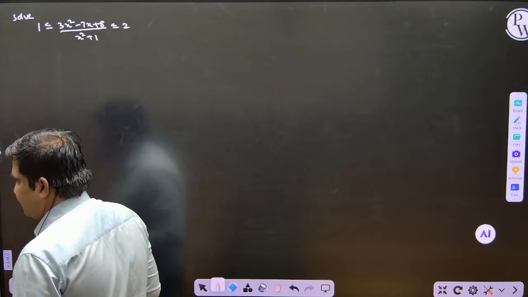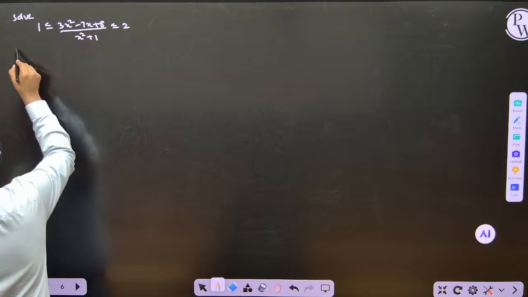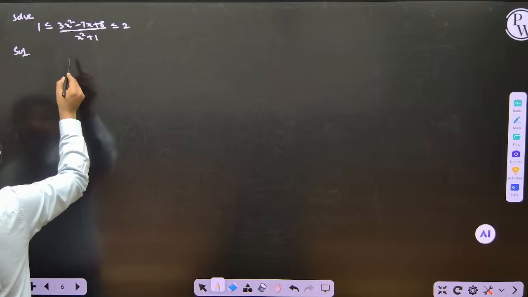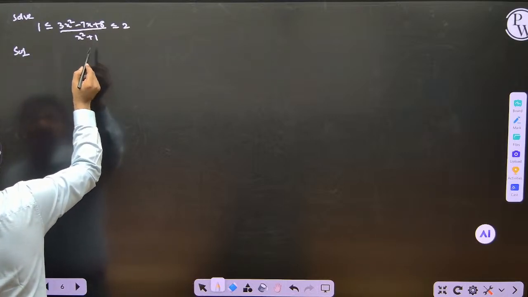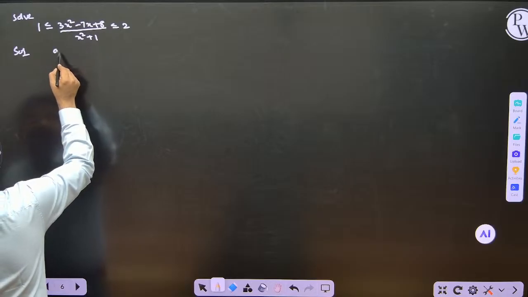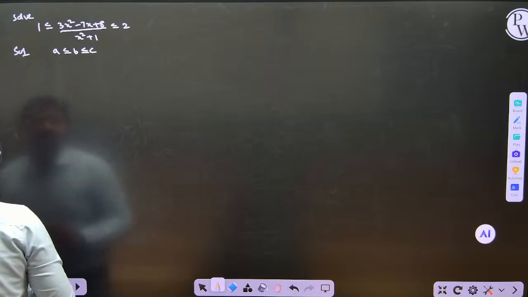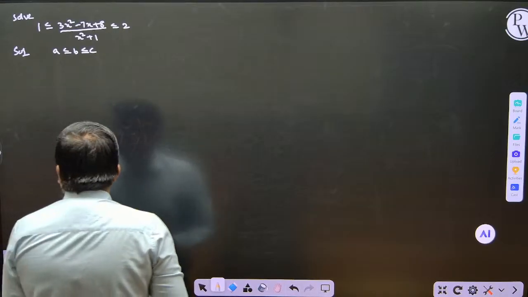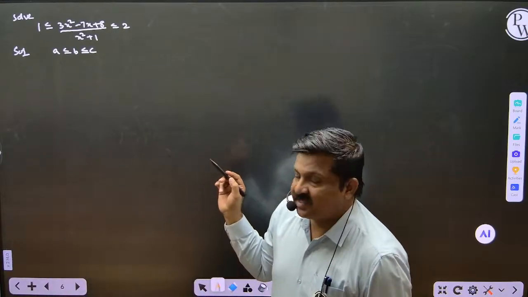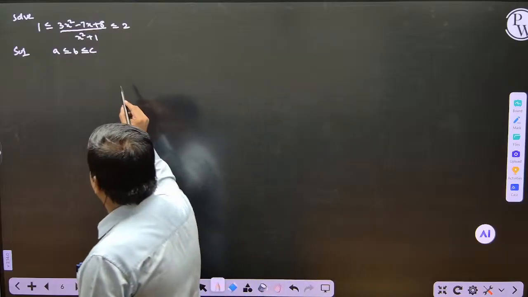Now this we are going to split into two inequalities. How? It looks like which form? A less than or equal to B, less than or equal to C.